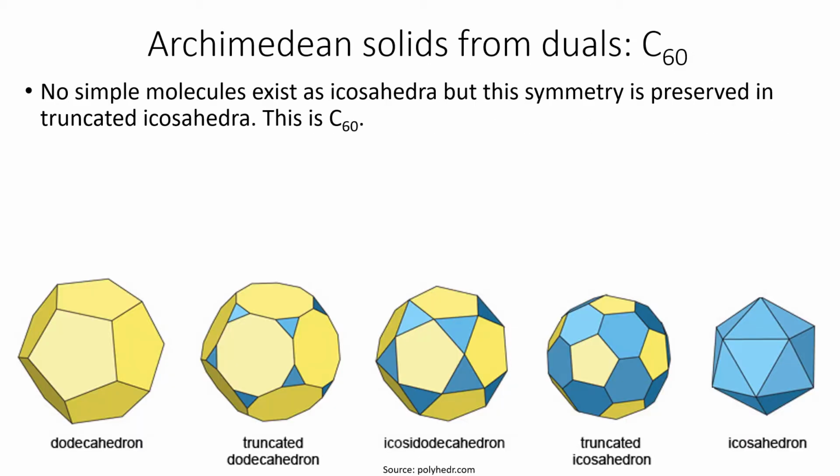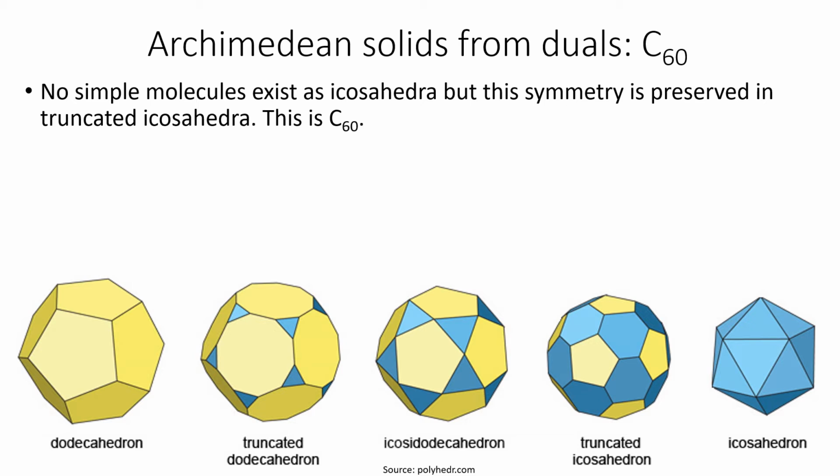Now, one thing that is interesting is that while we don't have any icosahedral molecules in chemistry, we do get quite close to that with C60. And again, it's in the context of duals. So we can form C60, and this is Buckminsterfullerene, that famous allotrope of carbon, which is kind of football shaped.